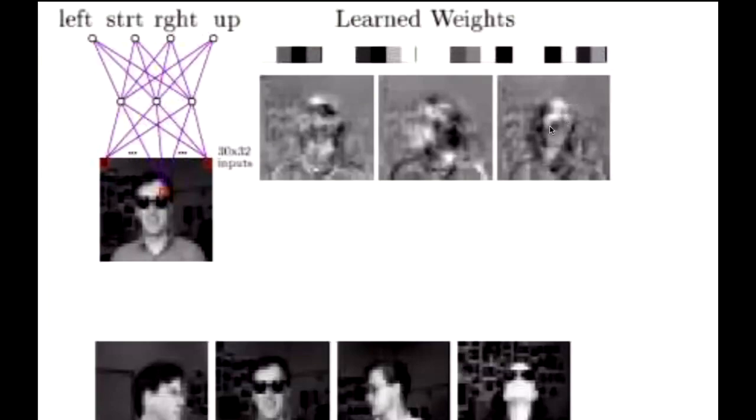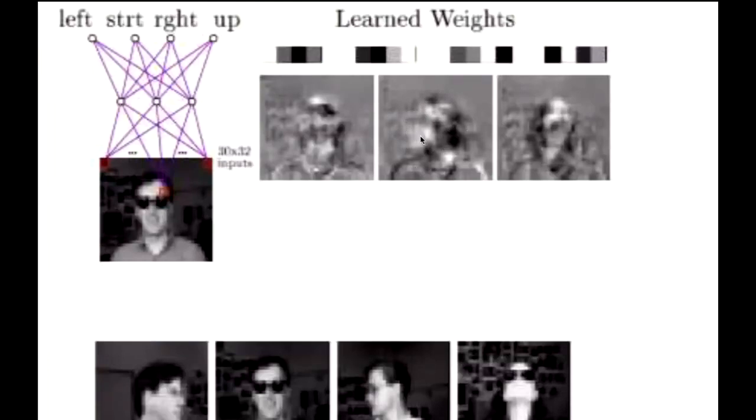This node here is very likely to represent a person looking up, some kind of superposition of images where the person's looking up. This other node is a bit hard to see, but it's kind of a mixture of people looking.